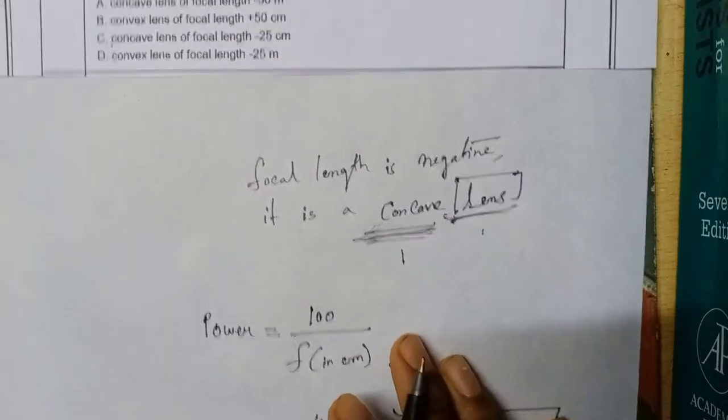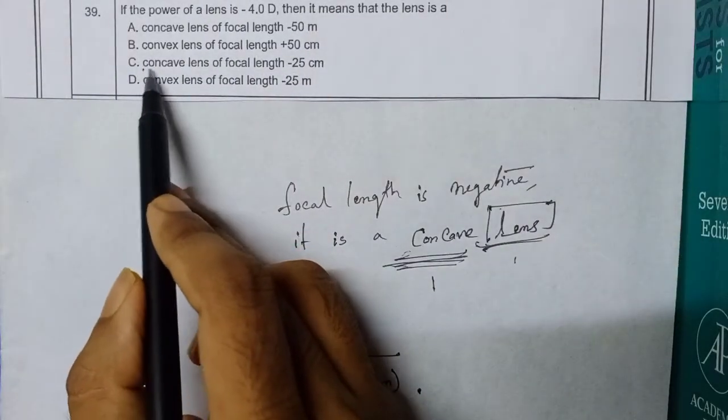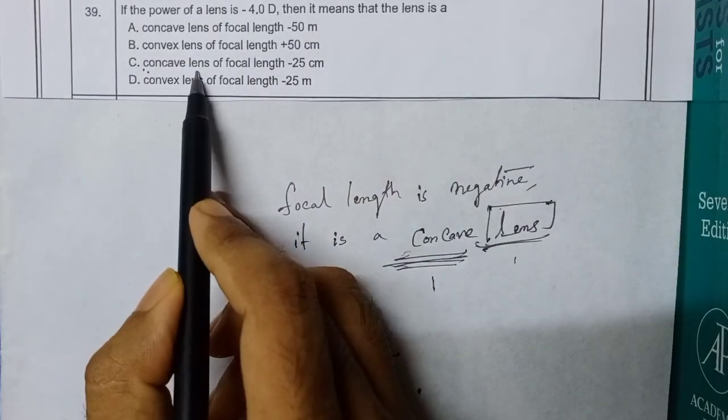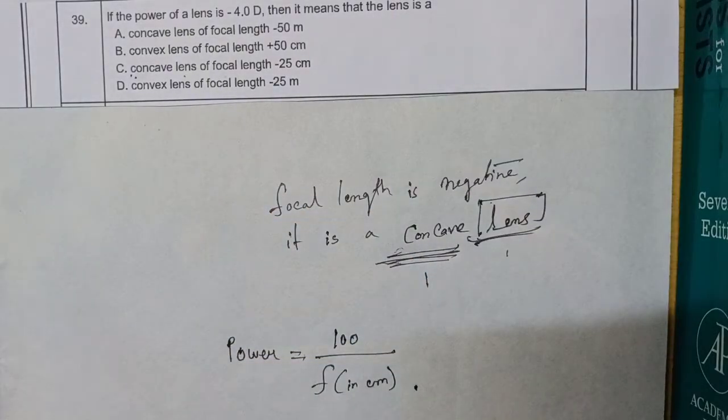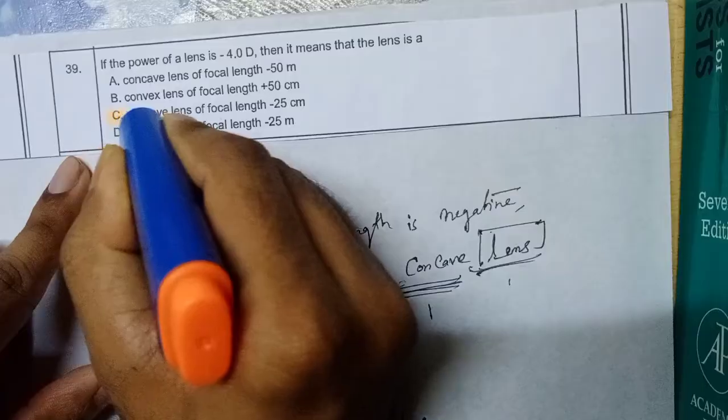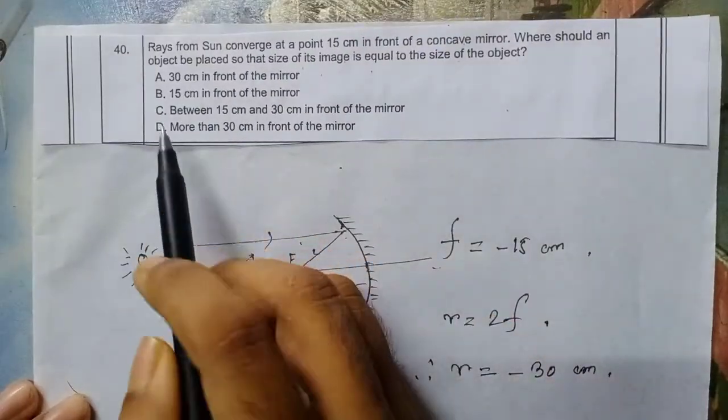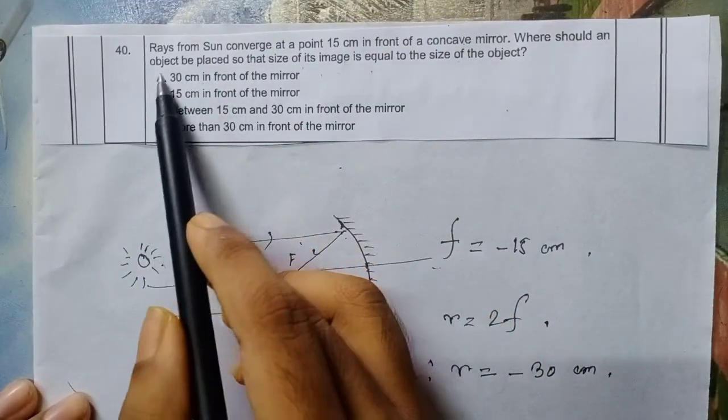Okay, so our correct option is concave lens of focal length -25 centimeter. That is option C. So moving on to next question, question number 40.